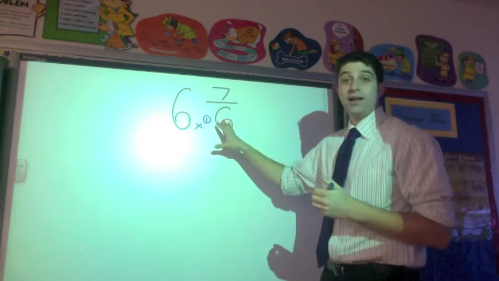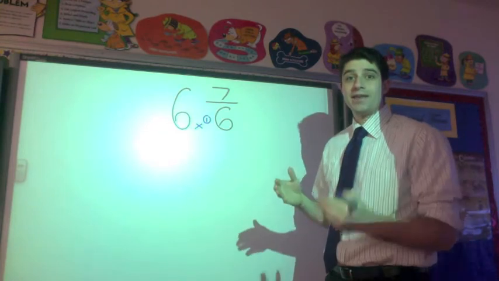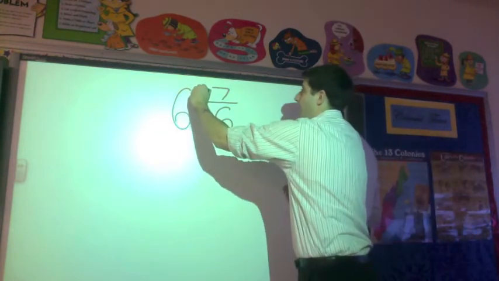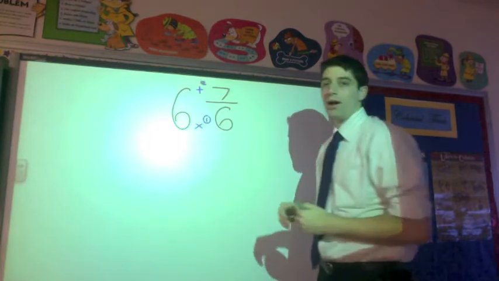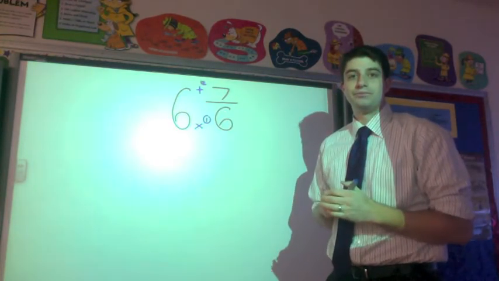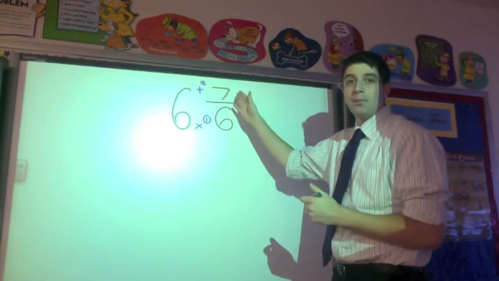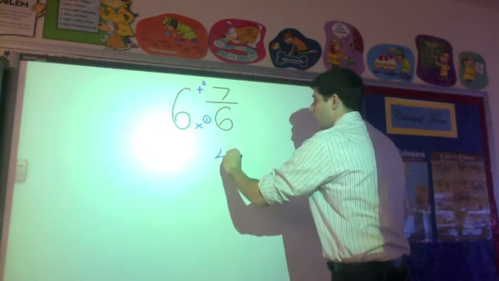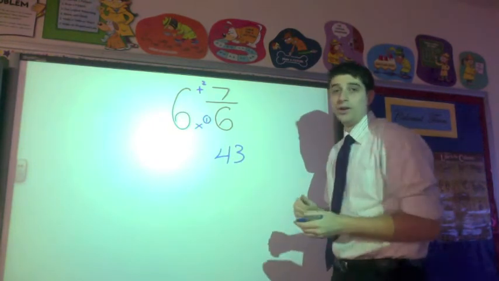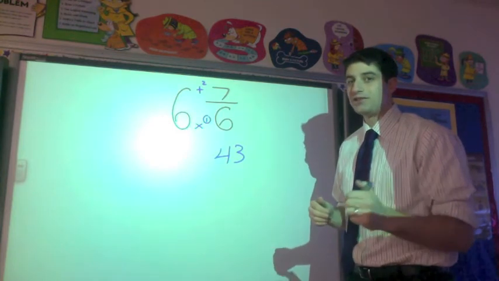Once I get done multiplying my denominator and whole number, I'm going to take that product and add it to my numerator. 6 times 6 is 36, plus the 7 is 43. So my numerator is 43, and my denominator, you guessed it, stays the same.